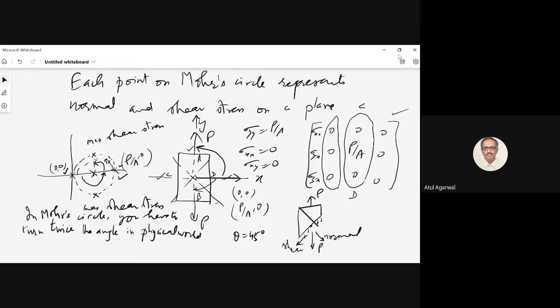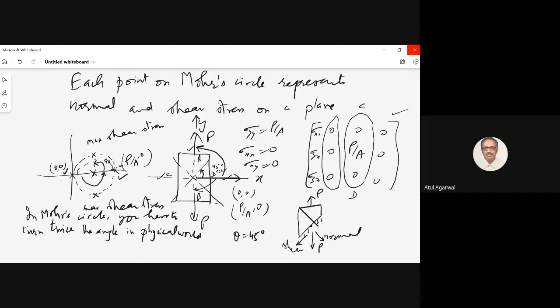So now if I want to go 45 degrees in the actual world, you see, I am here, 0, 0. I go 45 degrees counterclockwise. Then I am reaching this plane.